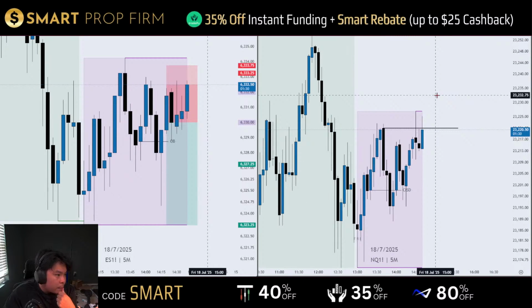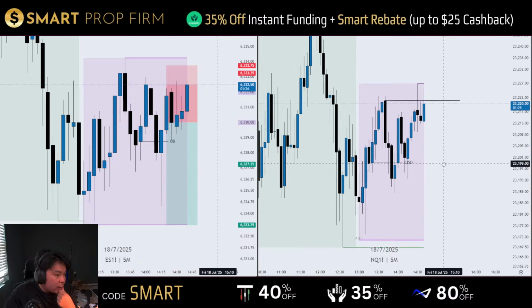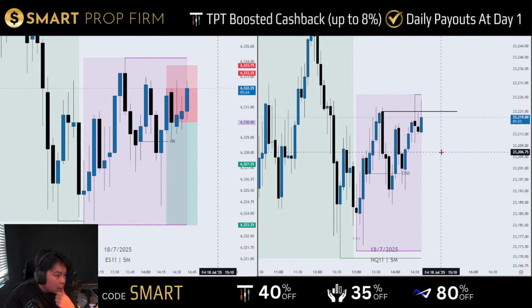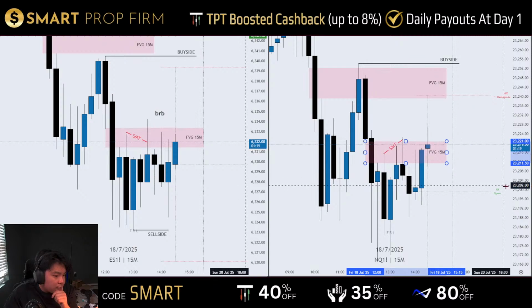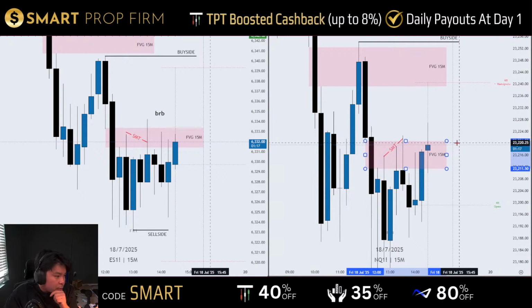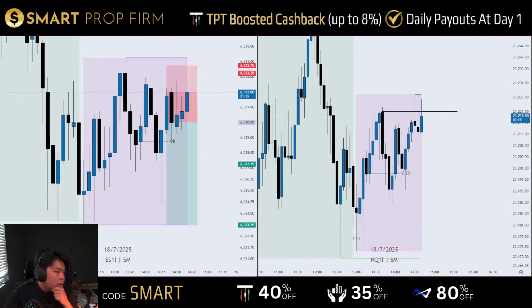Another minute and a half here. That's the only thing I could really ride off right now. If we get a nice closure, I can start playing for higher. This is also a 15-minute close. We'll get an NQ. It won't be too bad for us to start trying longs. One more minute here.